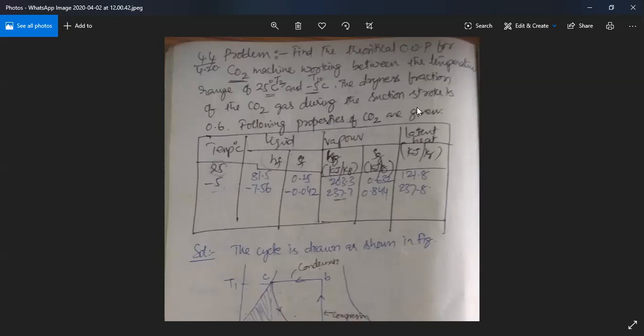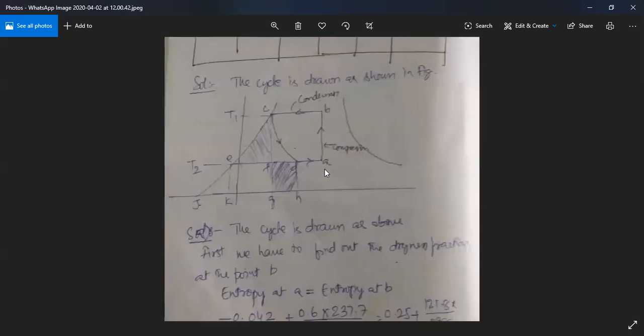I have solved this problem using this TS diagram. So I have drawn this cycle also. A to B, the same I have explained to you, is the compression cycle in the TS diagram. A to B is compression, B to C is condensation, C to D is expansion, and D to A is the evaporation.